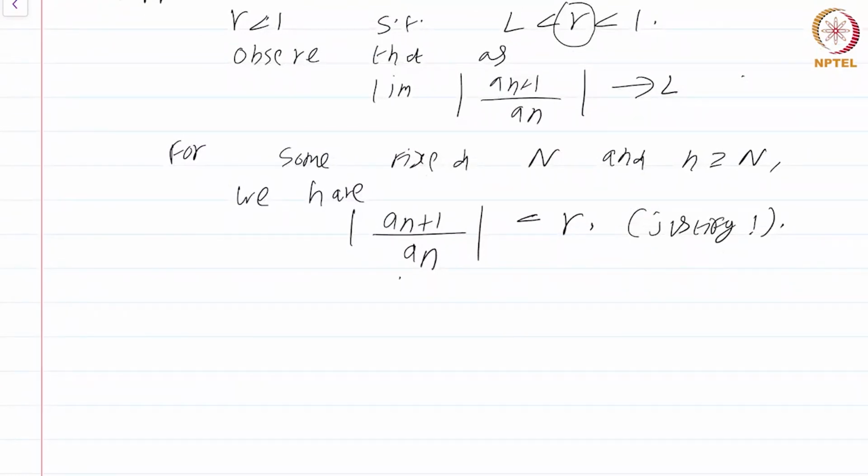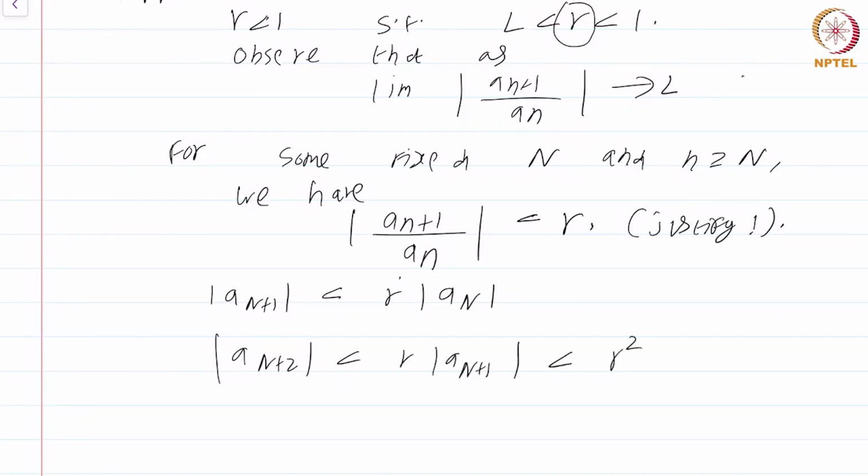Well, this shows that mod an plus 1 is less than r times mod an, right? Similarly, mod an plus 2 is less than r times mod an plus 1, which is less than r squared times mod an.